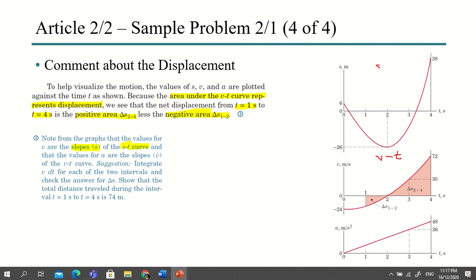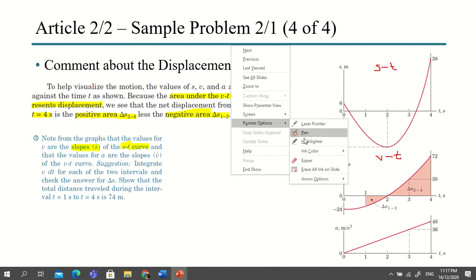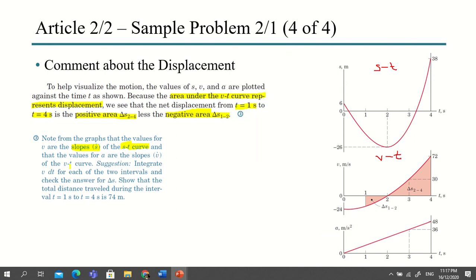And the values for a are the slopes of the vt curve. So this is our vt curve, and a is the slope of the vt curve.